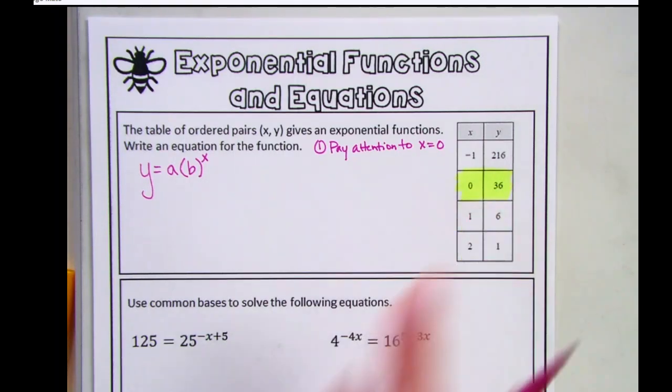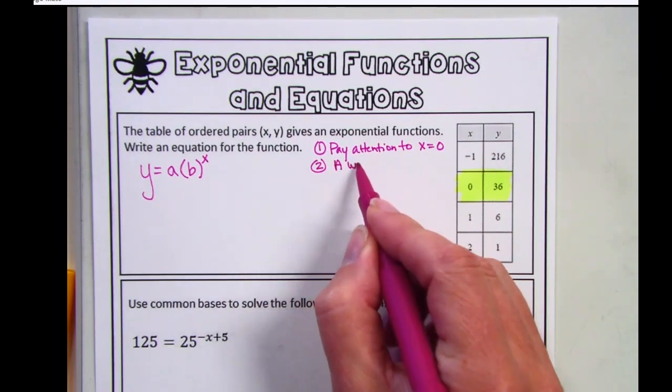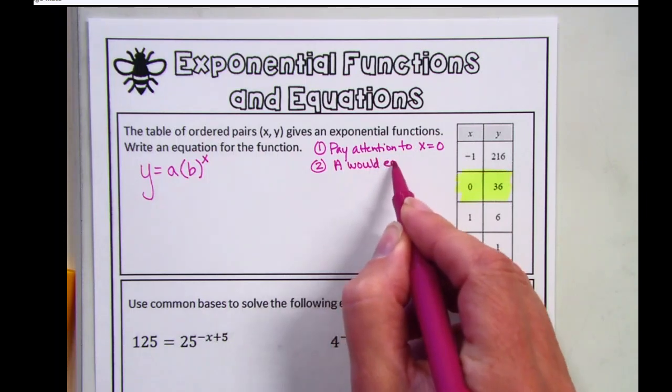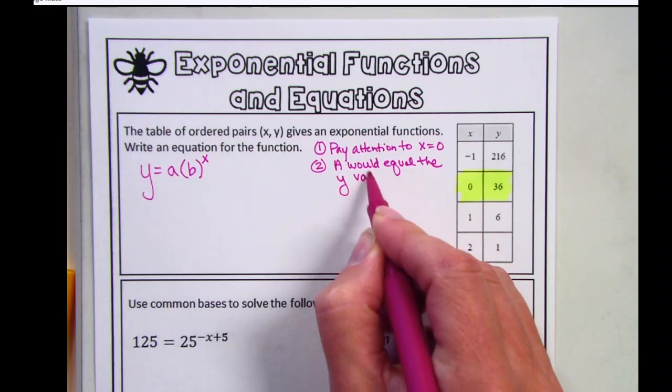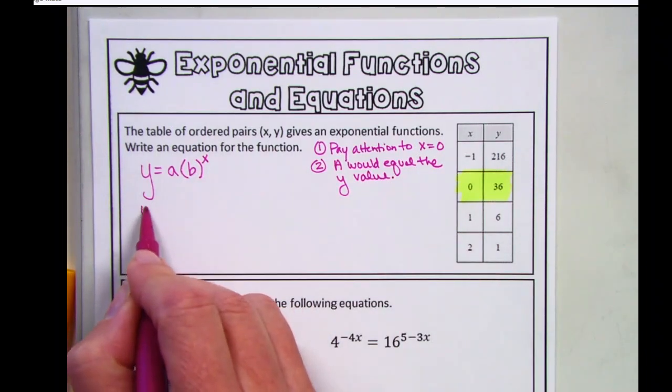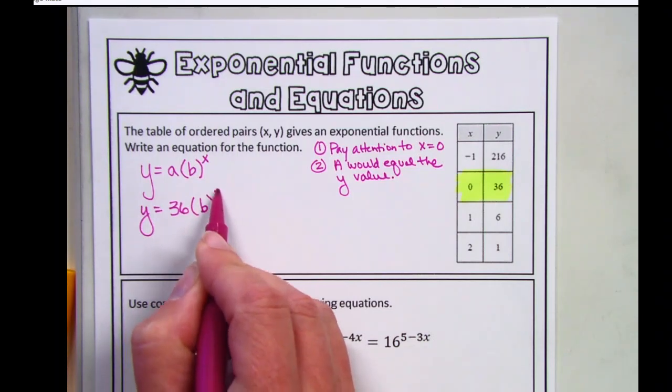Yeah, a would have to be 36. So a would equal the y value. So now I've got y equals 36, b raised to the x.